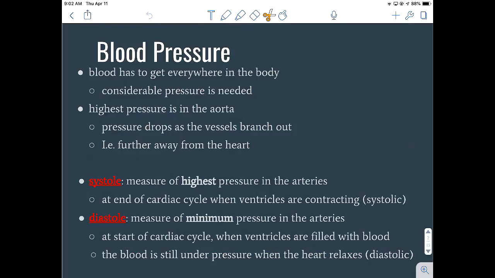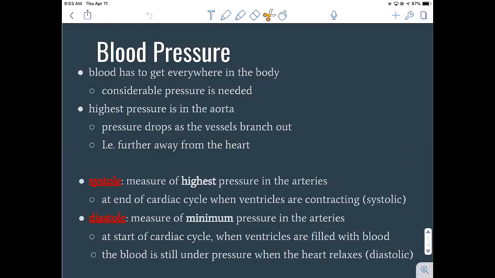And that highest pressure is going to be in the aorta. We talked about the aorta being at the top here, right? The blood is going to be very high pressure in the aorta, and then that blood will be pushing on the rest of the blood system to push the blood out through the various channels and places that it breaks off and connects up with the arteries, the arterioles, and then eventually into the capillary system.